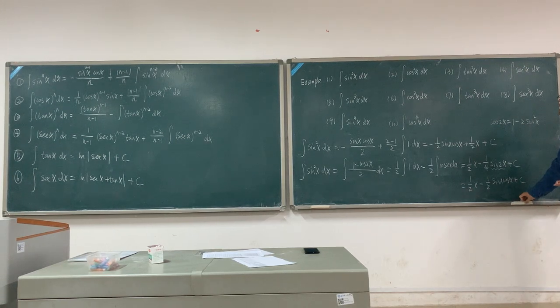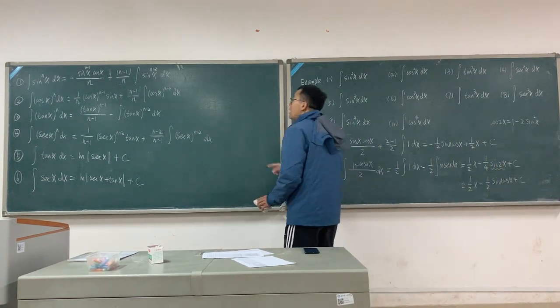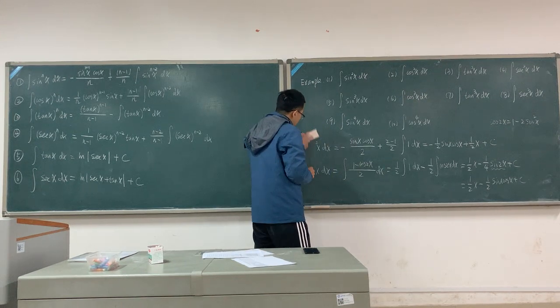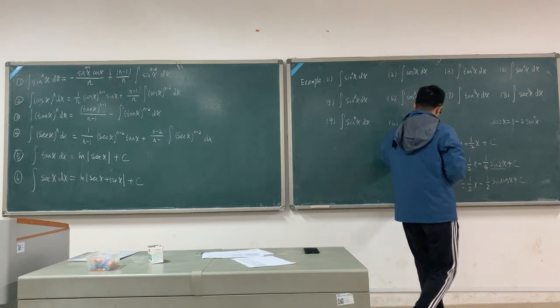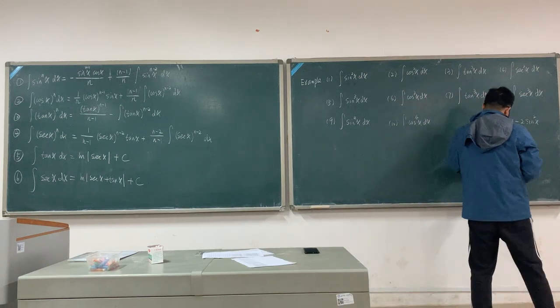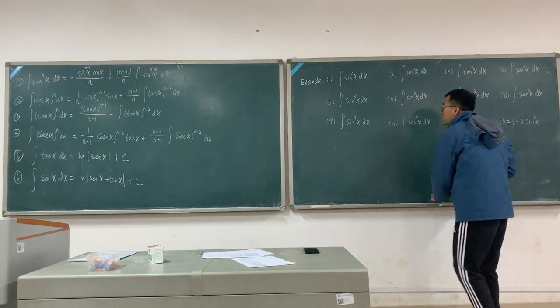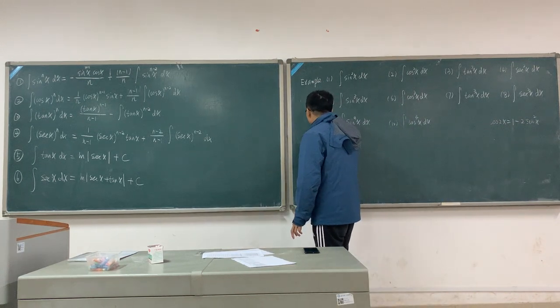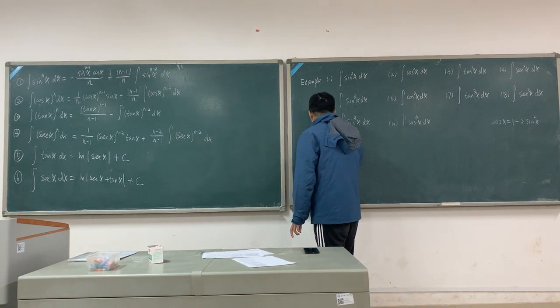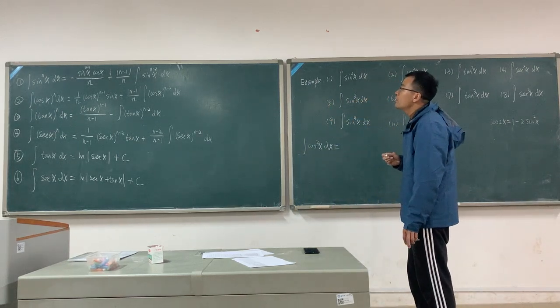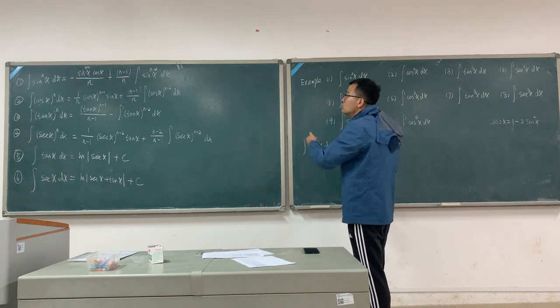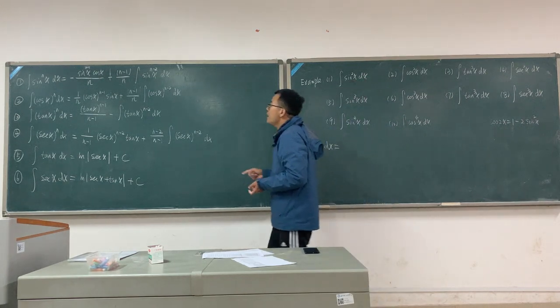So this is number 1. Now for number 2, cosine x square, here we use formula 2, okay? So for cosine x square dx, we use the second formula, and we let n equal to 2.